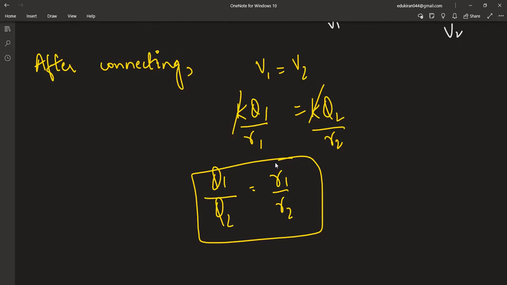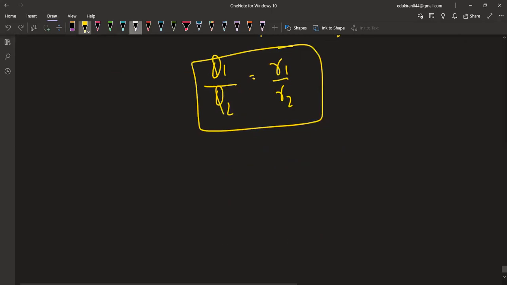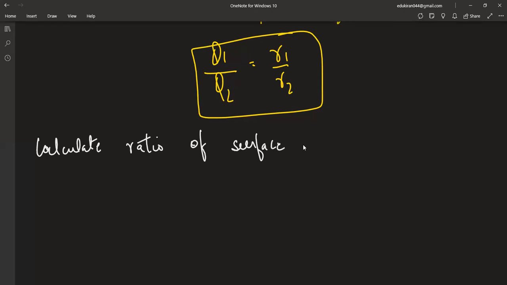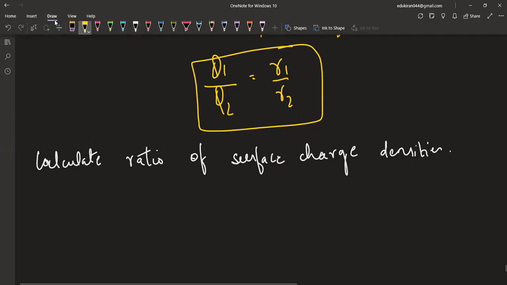Now, what all modifications can be asked in this question? It can ask you to calculate the ratio of surface charge densities.